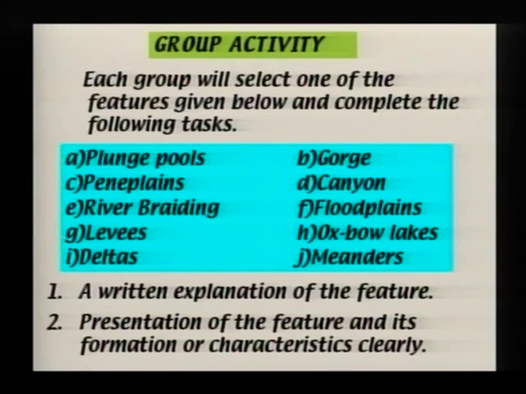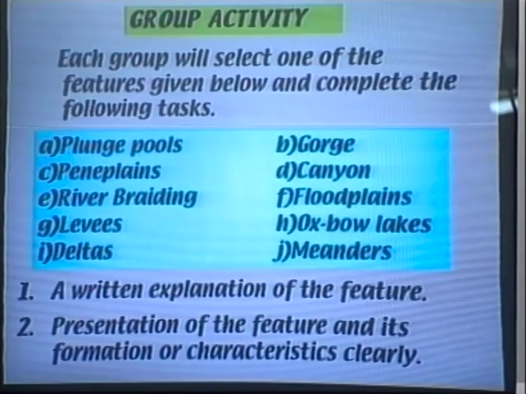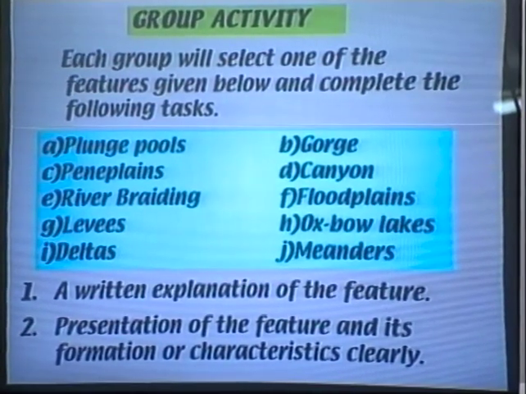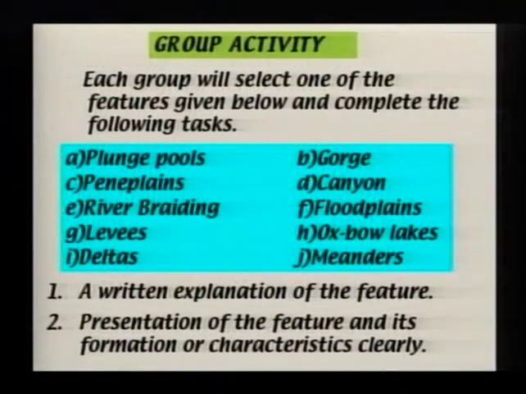Every group will have to do a different feature. I have 10 words here. For the pilot teachers, if there are other words in association with what we are covering on river studies that you'd like to include so that the students can work on them, you can include.